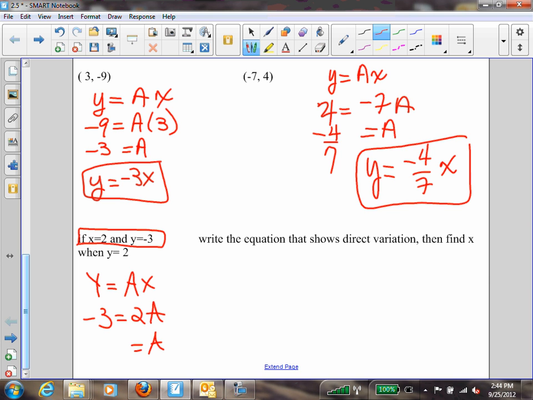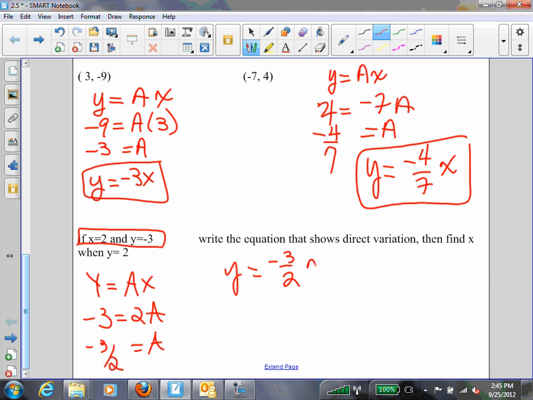So a is equal to negative 3/2. So the equation then says y is equal to negative 3 halves x. There's my general equation, right?